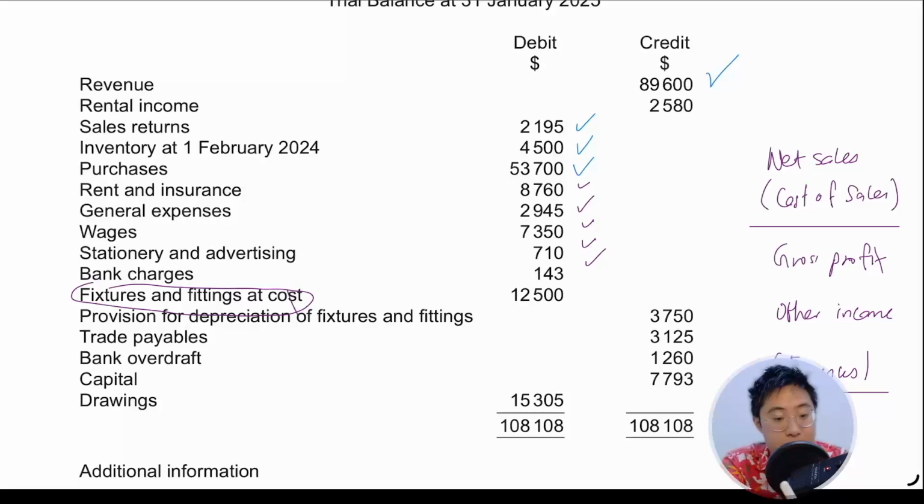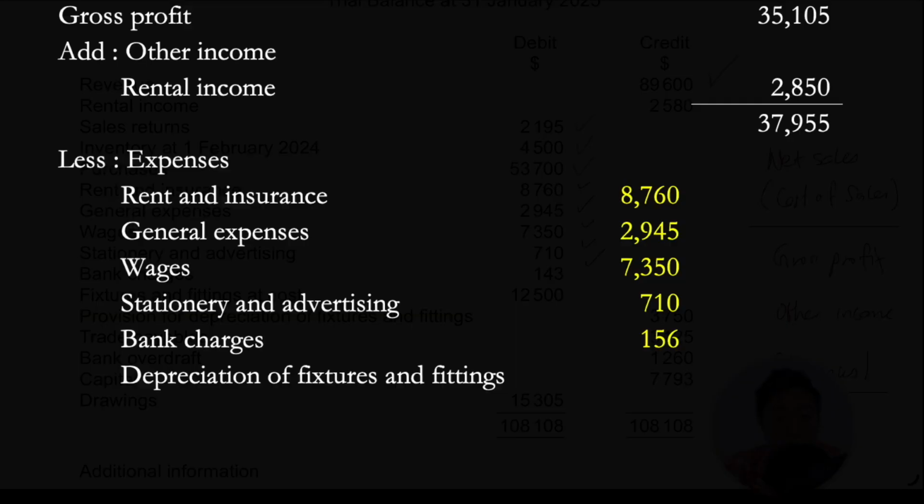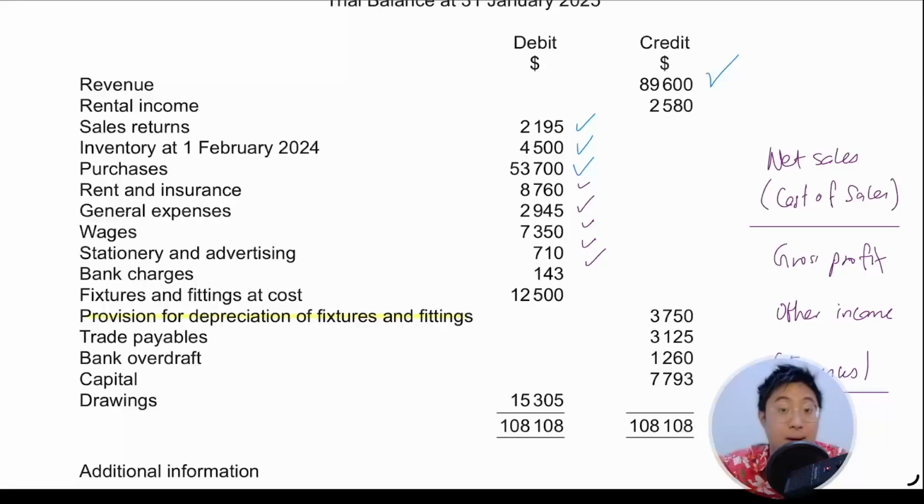And in case that wasn't obvious enough, there's already a provision for depreciation. Right, I'm going to highlight that. There's already a provision for depreciation. So I just need to get this year's depreciation. That's when I need to go to my additional notes. But before that, let's just put all of these other expenses in, okay? And then now, I guess we're done. If you subtract the total expenses, you should have net profit for the year.